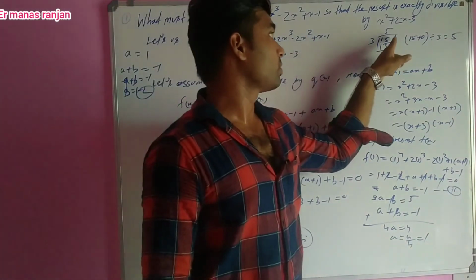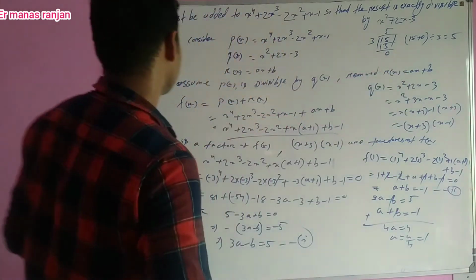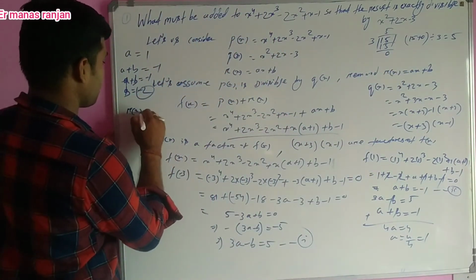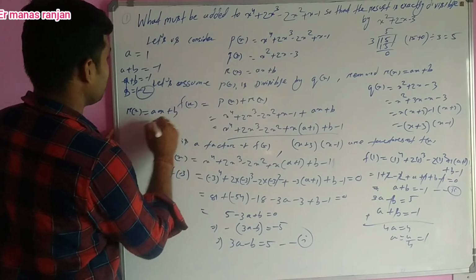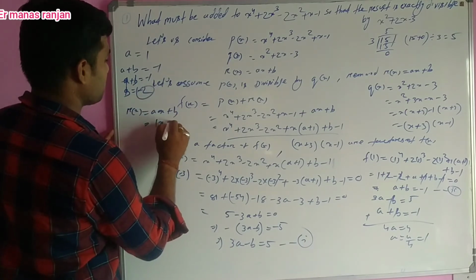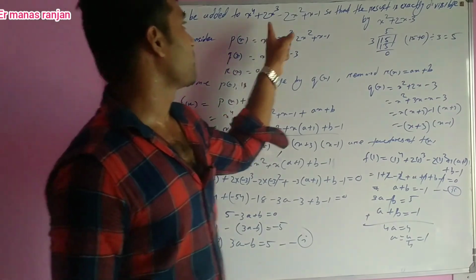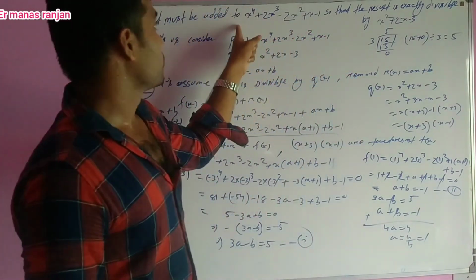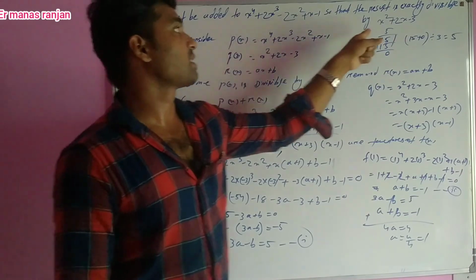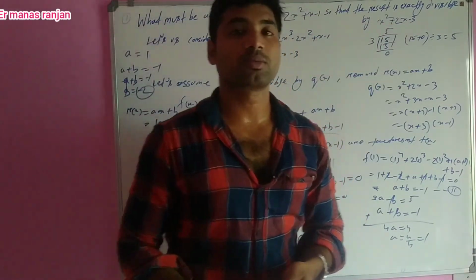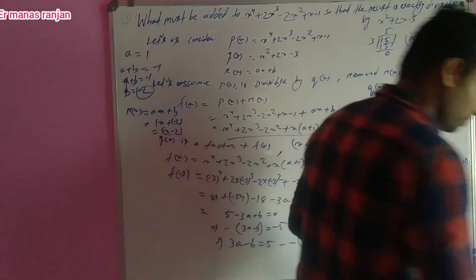So what to do? You have to add the remainder. The remainder will be R(x) = ax + b, with a = 1: 1x + (−2), that is x − 2. If you add x − 2 to P(x), it is exactly divisible by x² + 2x − 3. Just check it.